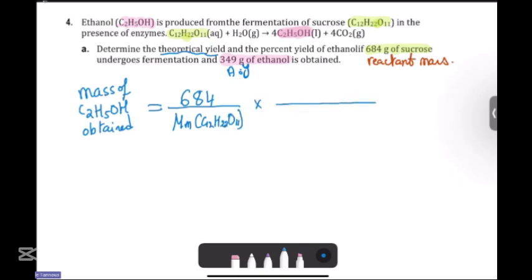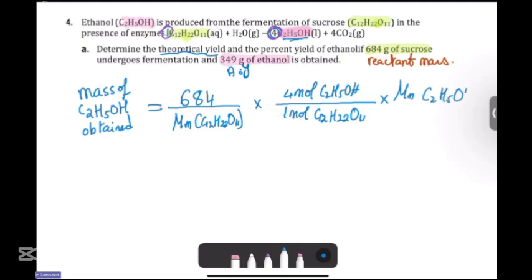Then you multiply by the mole ratio: what you want, C2H5OH, over what you have, 1 mole of C12H22O11. Keep in mind, always in the mole ratio, you put the number of the product over the reactant. Finally, you multiply by the molar mass of the product you're looking at, C2H5OH. So now let's substitute with the numbers.